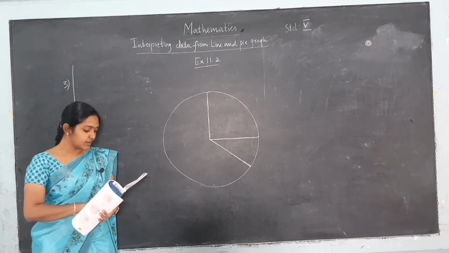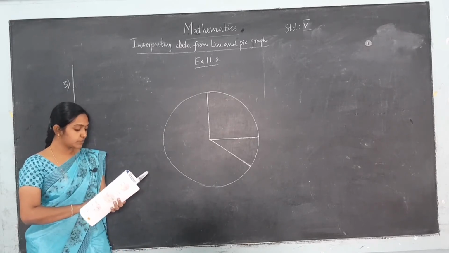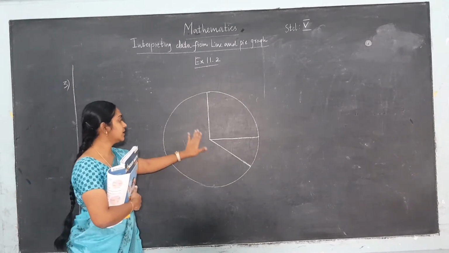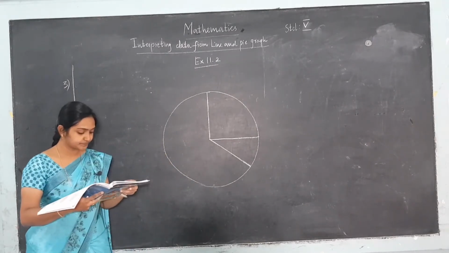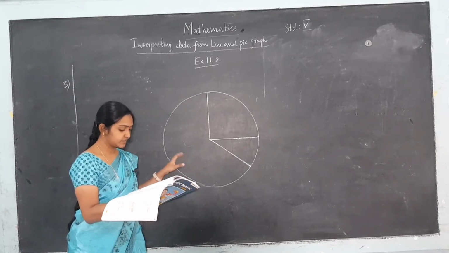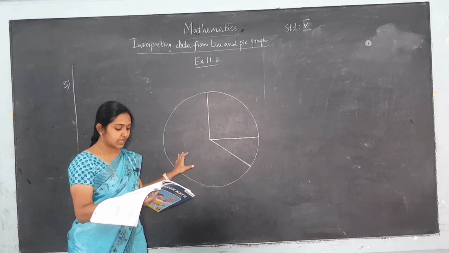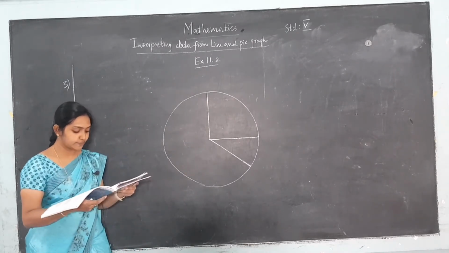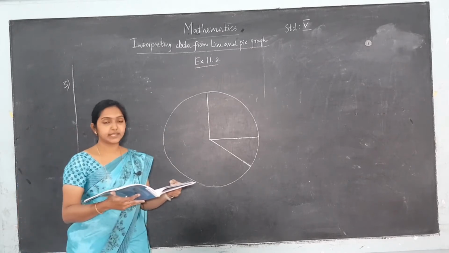What should we do is, write the names of the sport in the correct sections of the circle chart. In the circle chart, we have to write the name of the sports. Here, the chart given is badminton 20, hockey 10 and cricket 50. The highest is cricket.